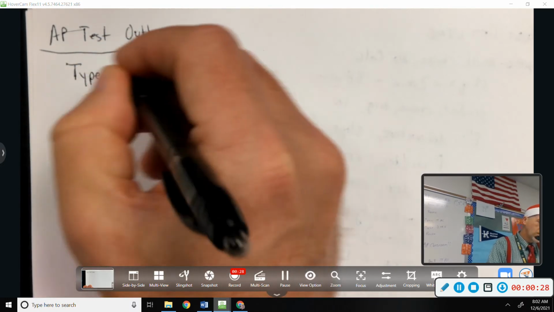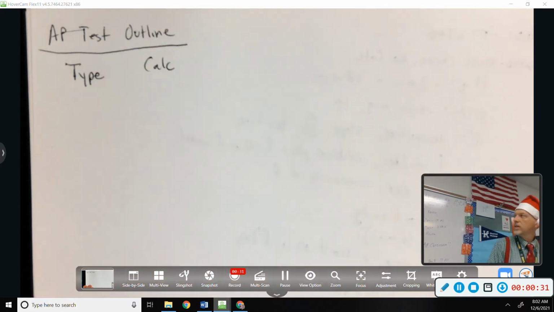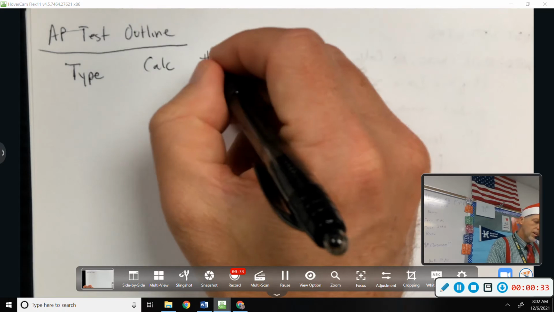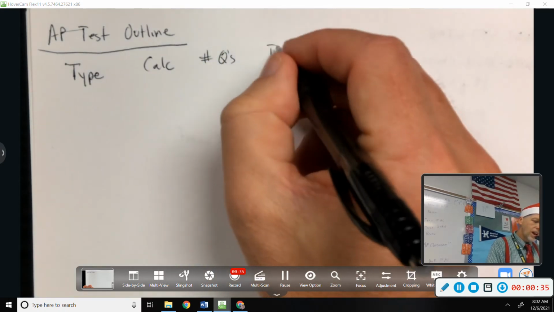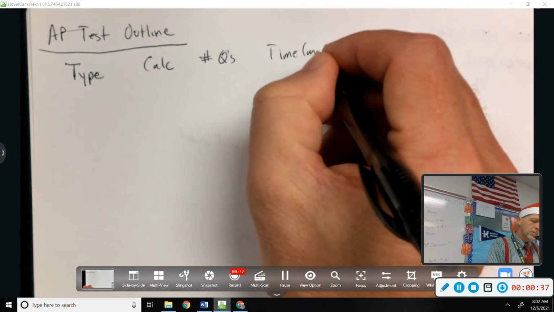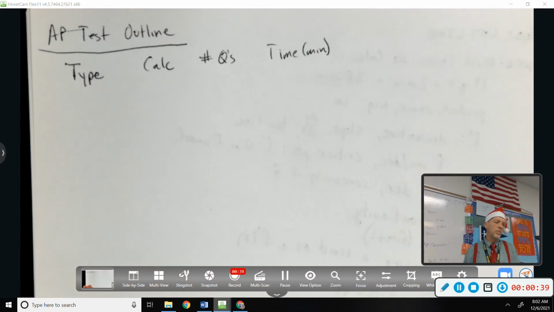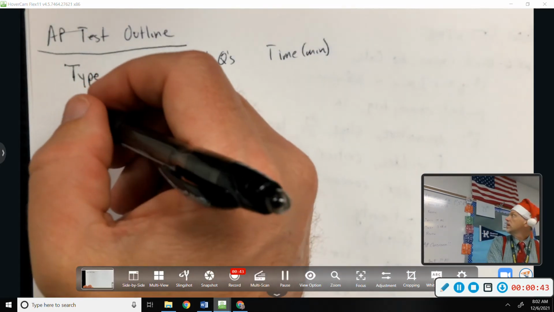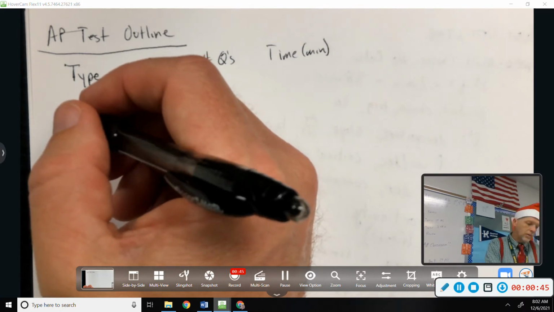So question type, is there a calculator, number of questions, and how much time you have in minutes. I'm really just going to replicate the table that's already up here, just so you get a feel for what it will look like on May the, it's not up there, whatever day we take it.